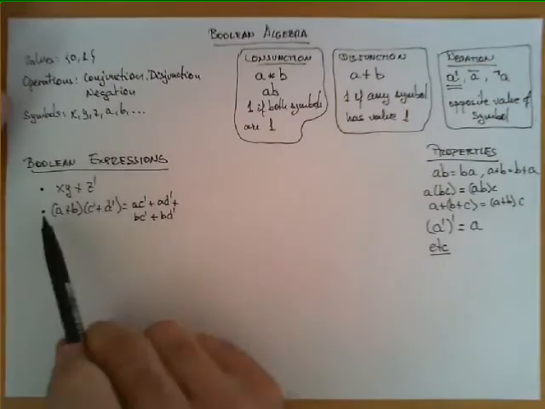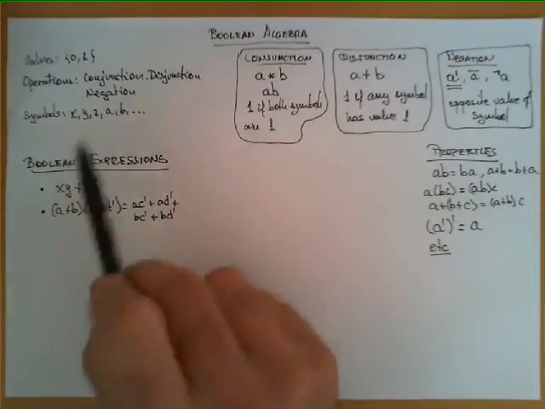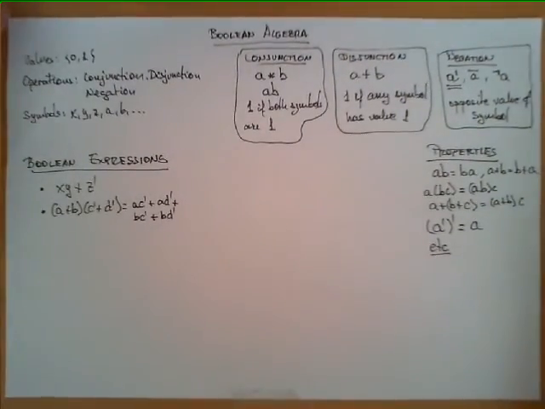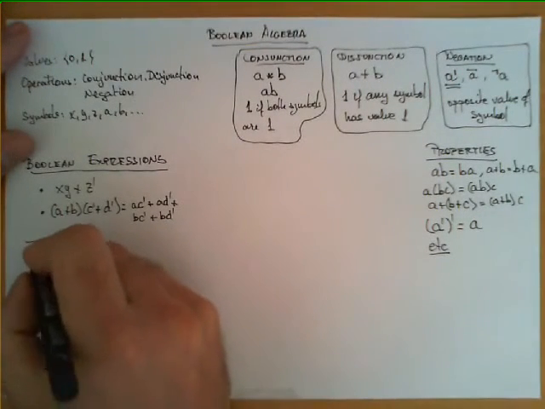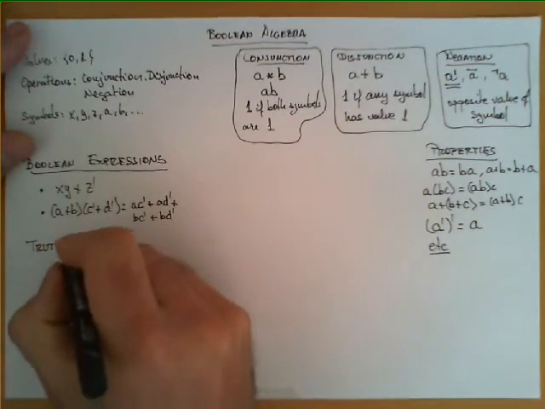So Boolean expressions are simply the combination of these elements that we just described before. Now, from a Boolean expression, there is an interesting table that we can deduce, which is called the truth table.